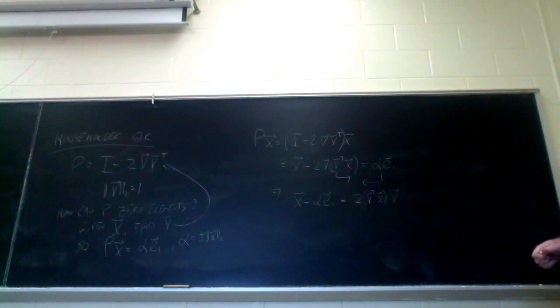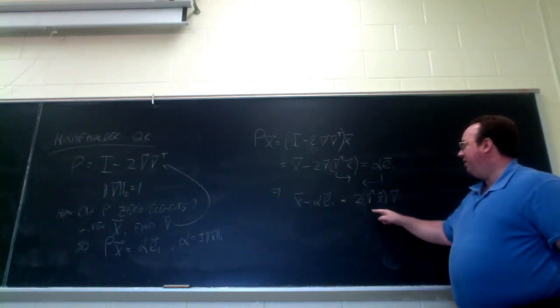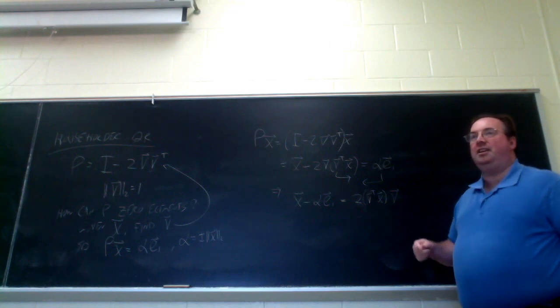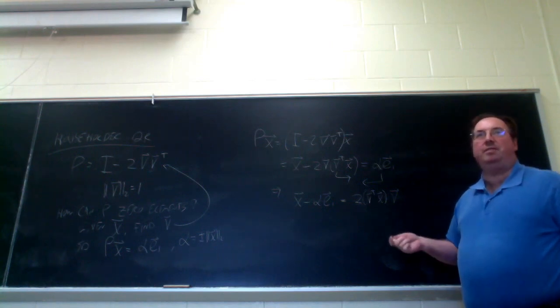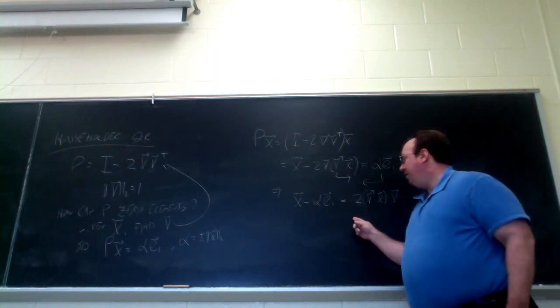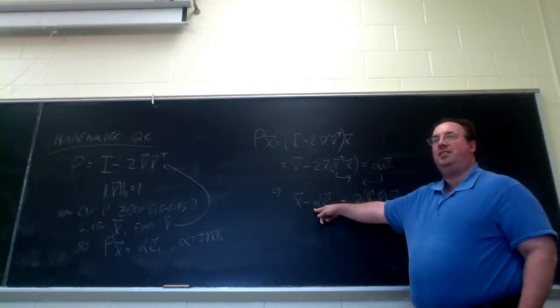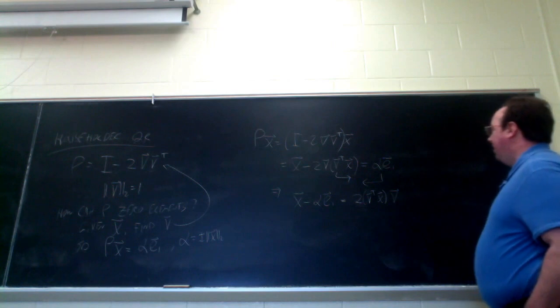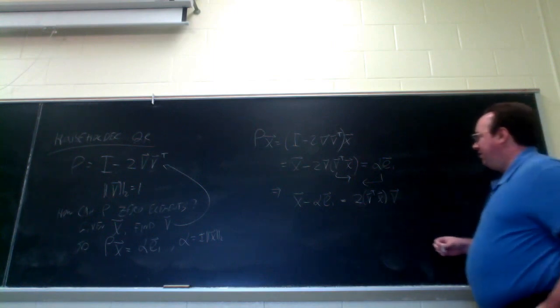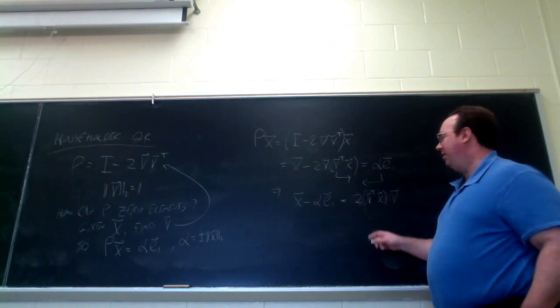Now, the key here is the right side is just some multiple of the vector V that we want, and we know V has to be a unit vector. So this multiple of V must be equal to this vector.